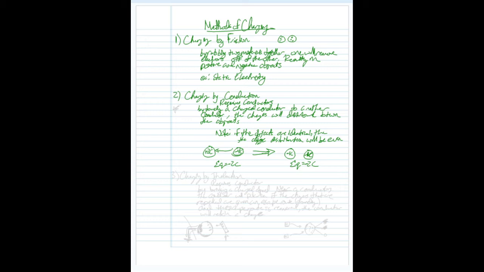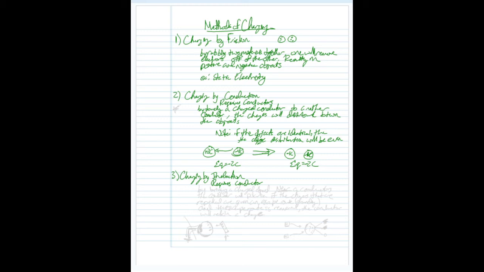The third method of charging is the most complicated. It's called charging by induction. It requires a conductor. Specifically, it requires that the thing you are charging is a conductor.